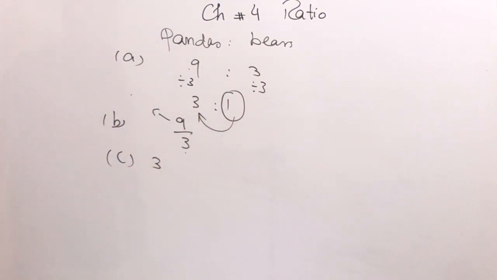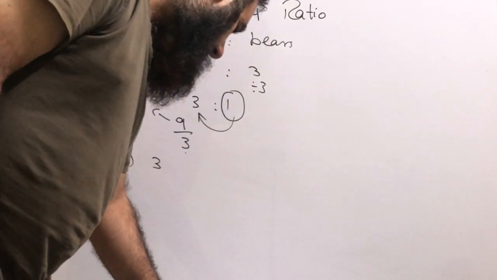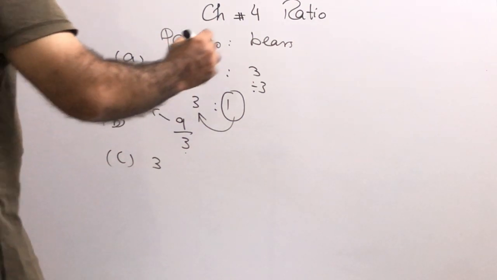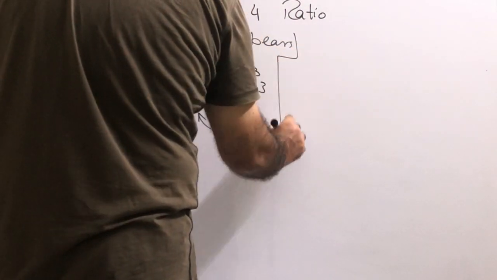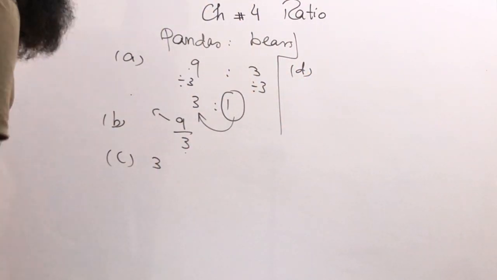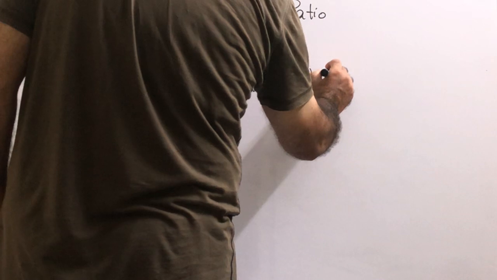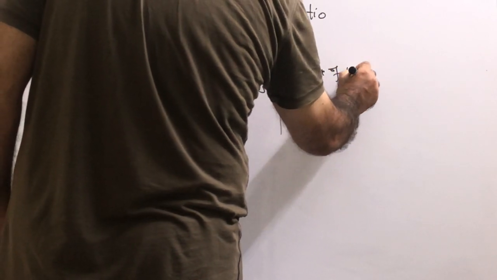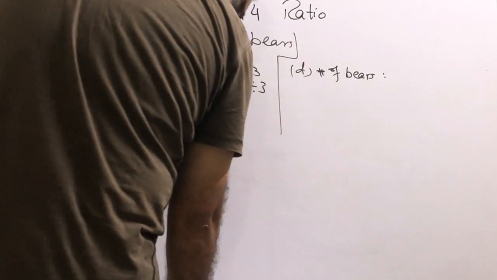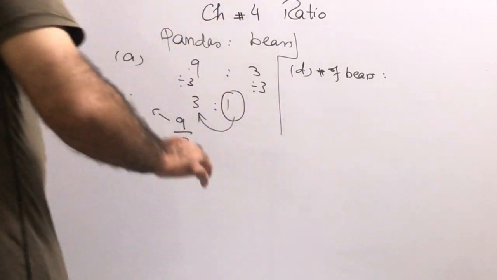Okay. Part D, the ratio of the number of polar bears to the total number of giant pandas and polar bears.